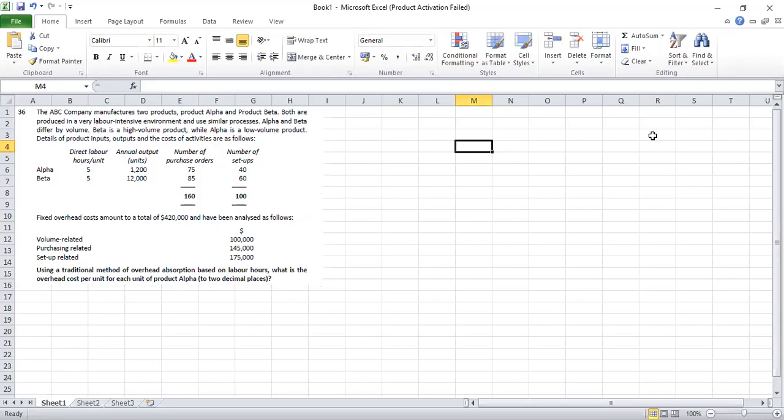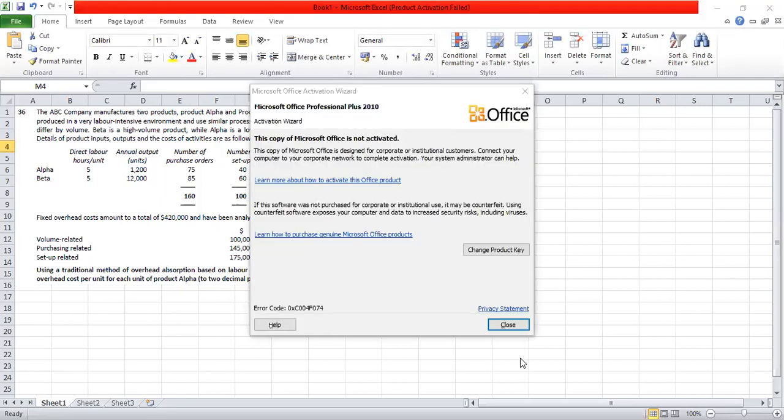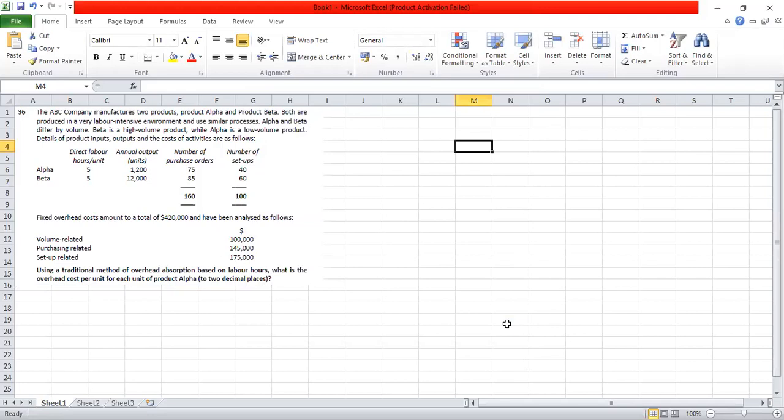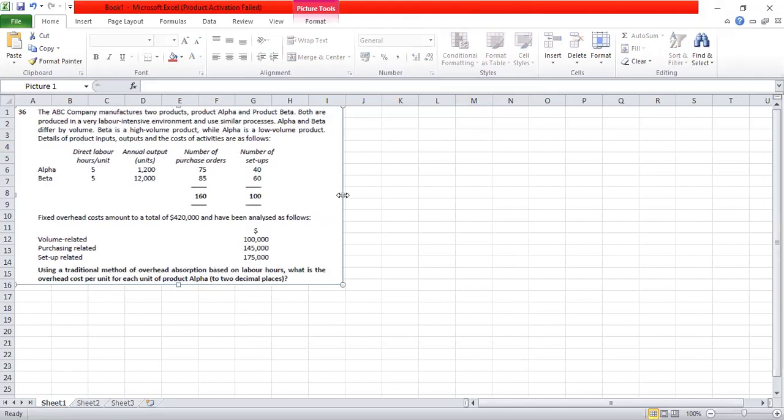I hope you are able to see the screen here. Are you able to see the Excel file here? Okay, done. So we will take up both of them, that is the traditional costing method and also the activity-based costing. I just copied here, and this is question number 36. Let's solve this one.